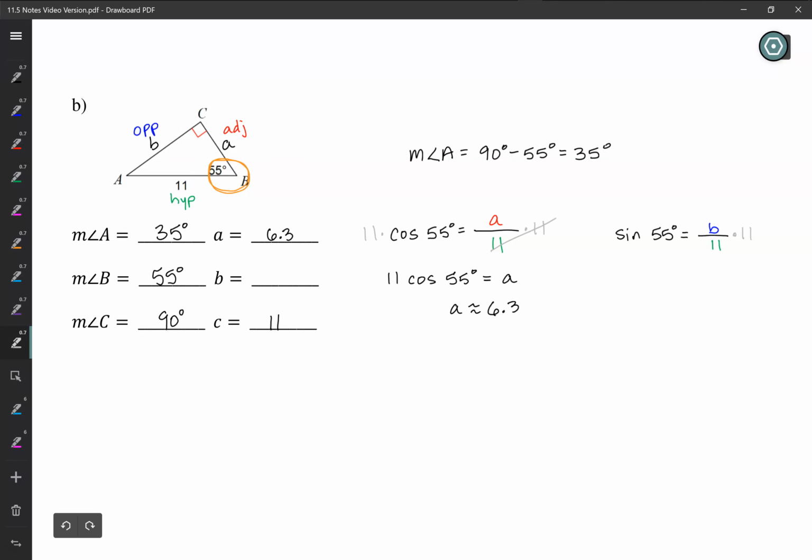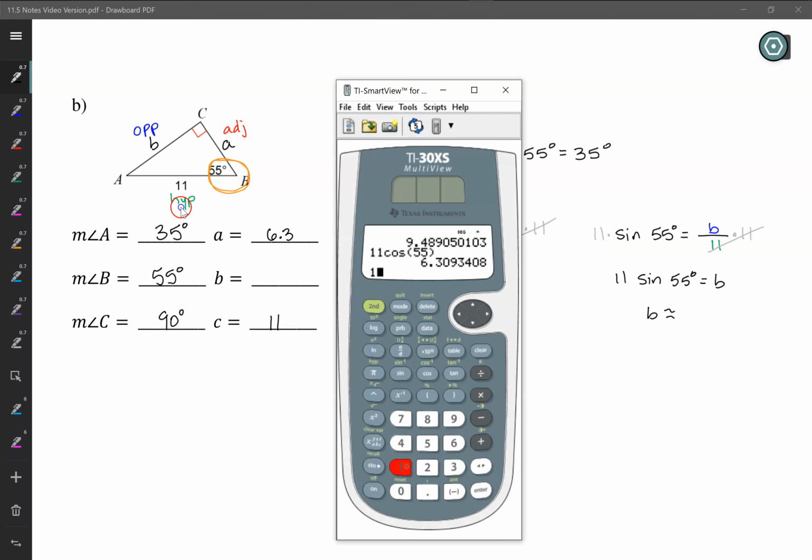Multiply both sides by 11. And you get that 11 times the sine of 55 degrees is B. So B is about 9.0.